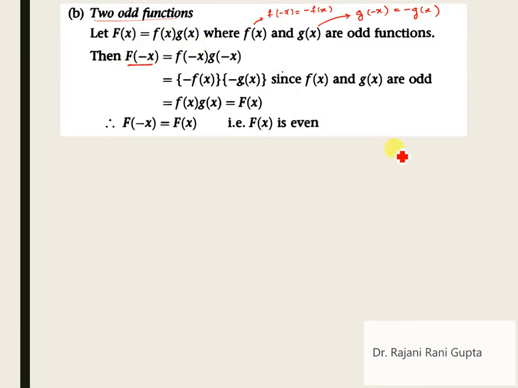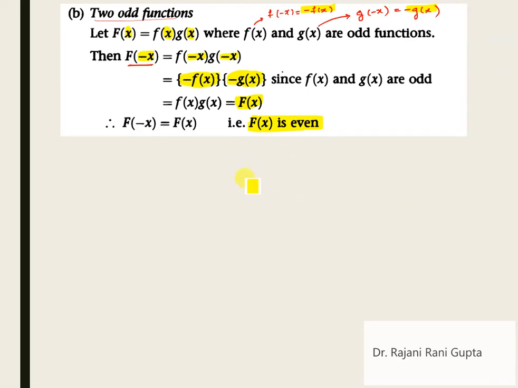Again we replace x by minus x, and we have to replace the corresponding x here as well. So it becomes f of minus x times g of minus x. Now we use this property. This is minus f of x and minus g of x. Now two minus signs become positive. So we are left with f of x g of x, which is nothing but the original function. And hence it's proved that F of x is an even function. So this is the general calculation of how we are working on it. It means if I replace f of x and g of x by any function, you can work on it.